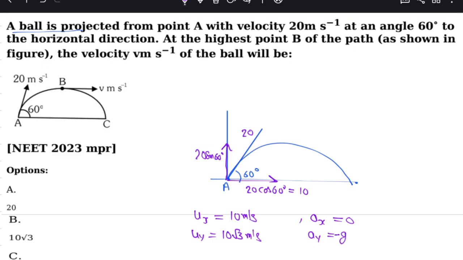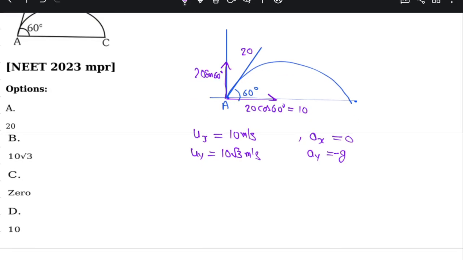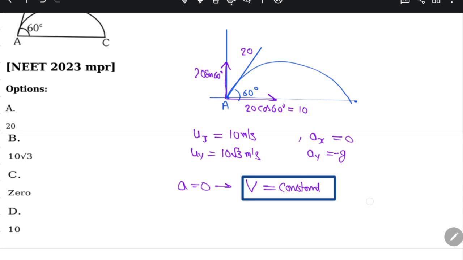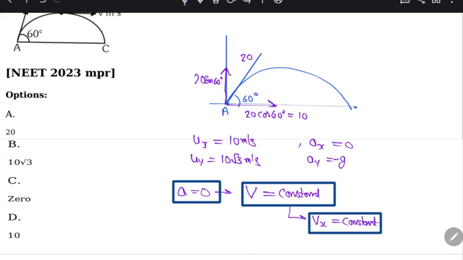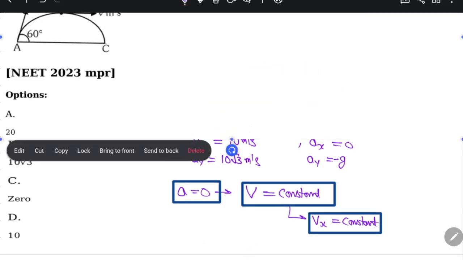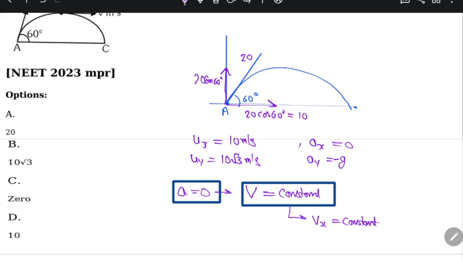Because acceleration in the x direction is 0, and if acceleration is 0, that means velocity is constant. So velocity is constant in the x direction in the whole projectile motion. This is quite easy, and you can use this concept many times. So this is our point A.